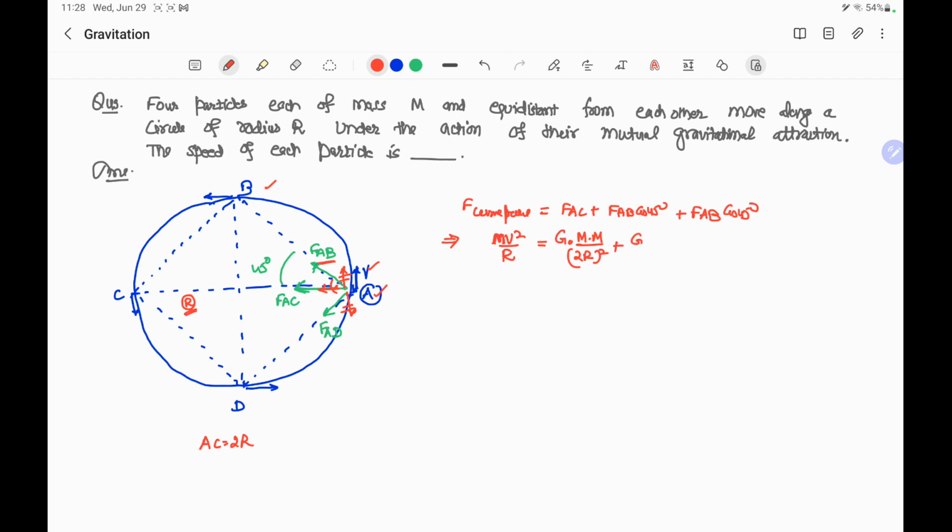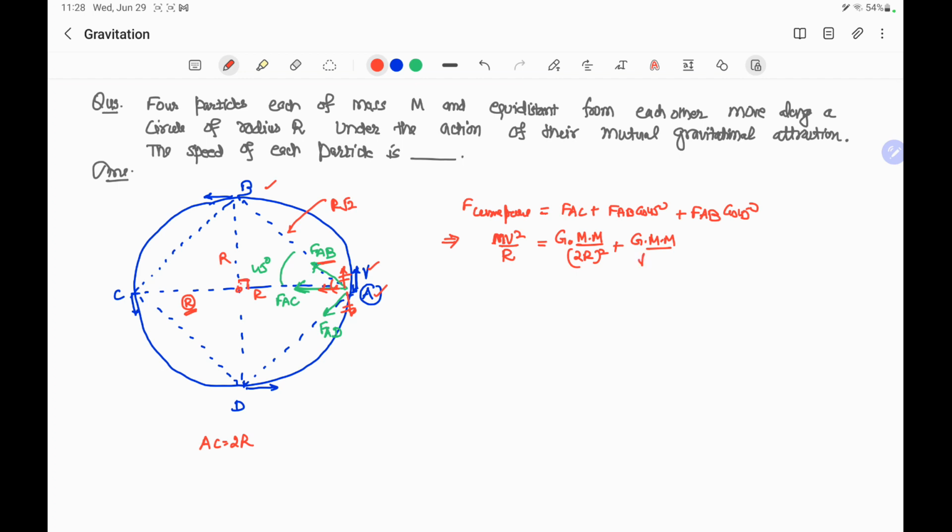So it will be again GMM, and the distance between them. So this is the side and the radius is r. So this side is r root 2 because the angle between these two radii is 90 degrees.